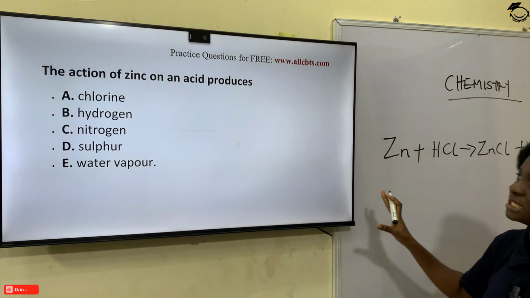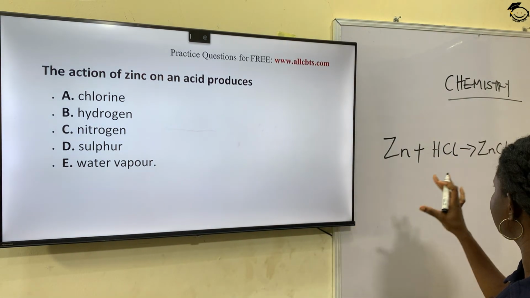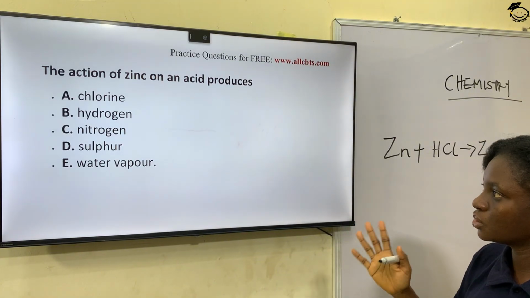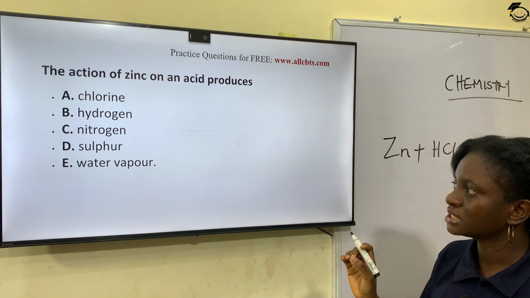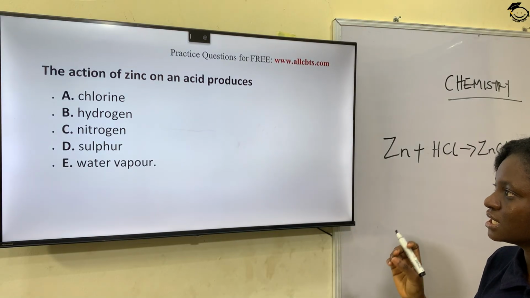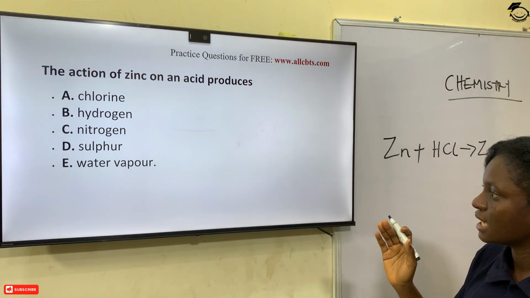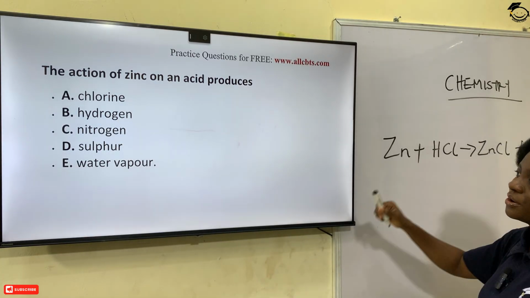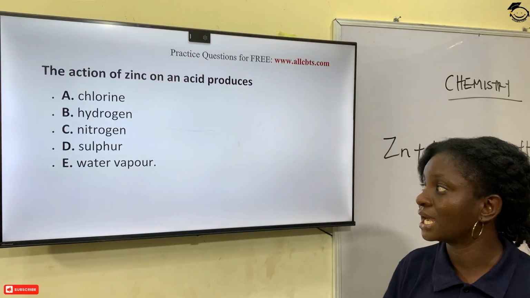So the action of zinc will produce A, chlorine, B, hydrogen, C, nitrogen, D, sulfur, E, water vapor. So that's hydrogen. The correct answer is B, hydrogen.